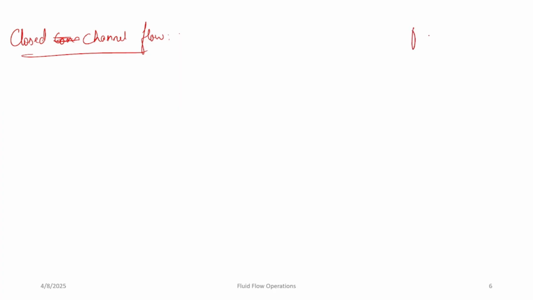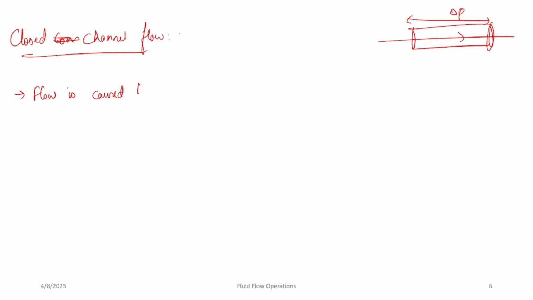Let's say you have a closed conduit here. The flow happening inside is because of the pressure difference across the length of the pipe or channel. Flow is caused by a pressure difference in the conduit.